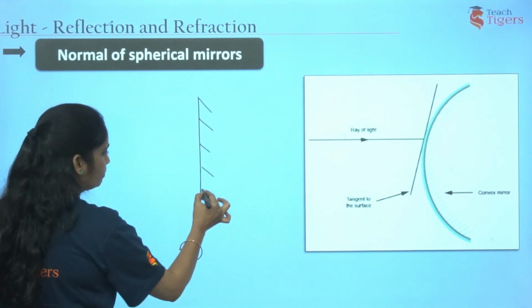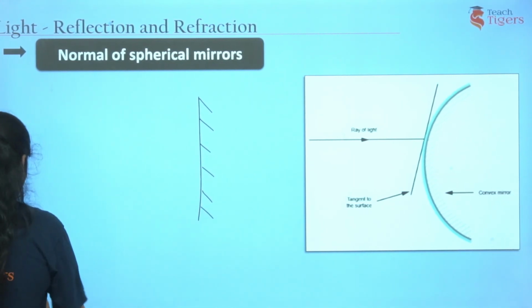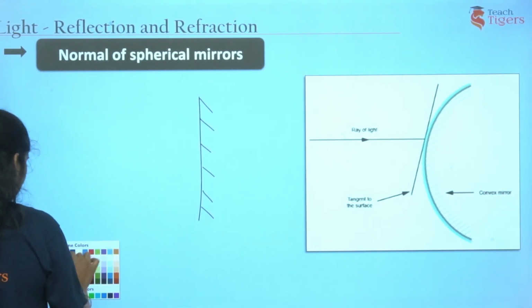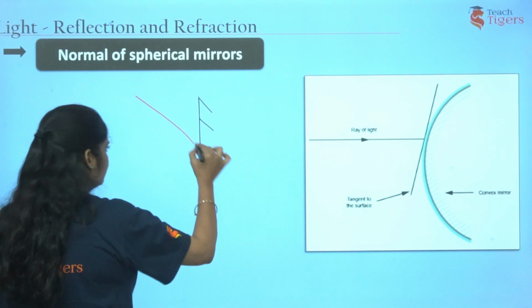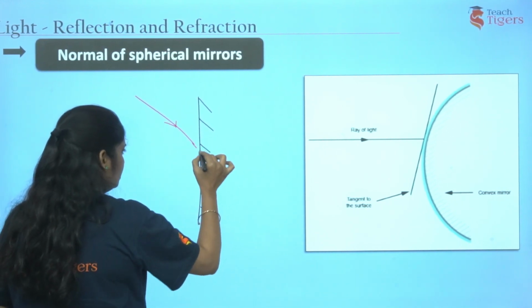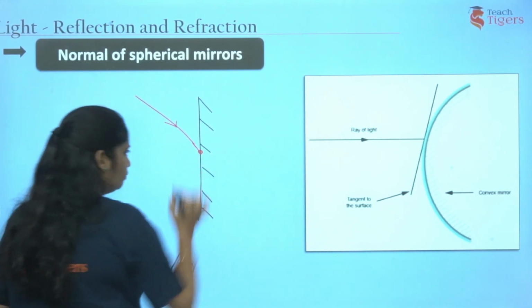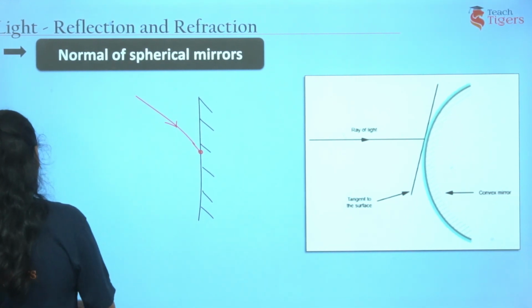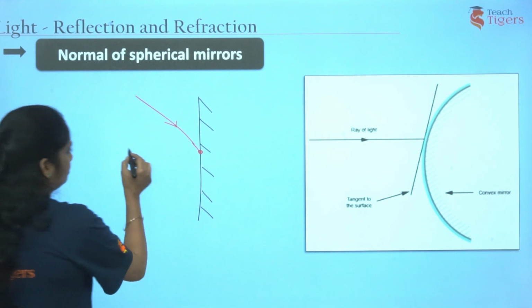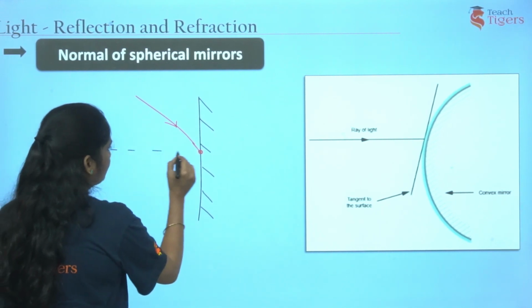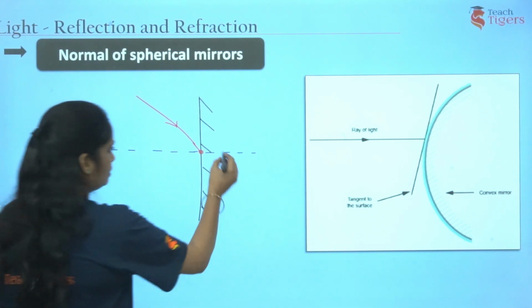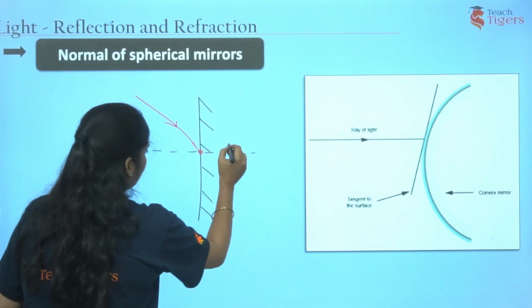So this is your plane mirror, right? On the plane mirror, how do you draw the normal? Suppose there is an incident ray like this. This becomes the point of incidence. Where do we draw the normal? The normal is always perpendicular to the reflecting surface and passing through the point of incidence.